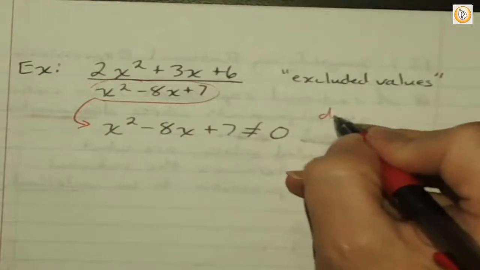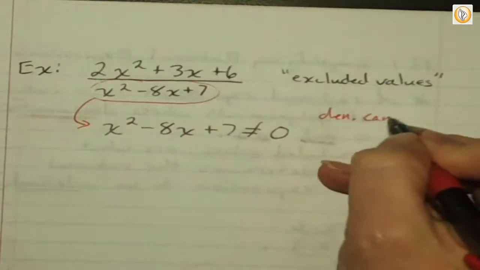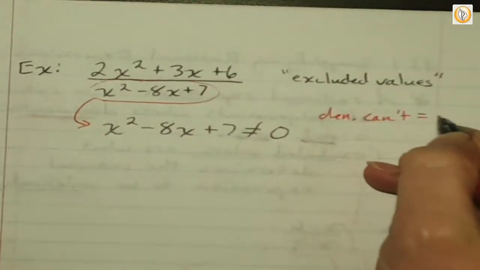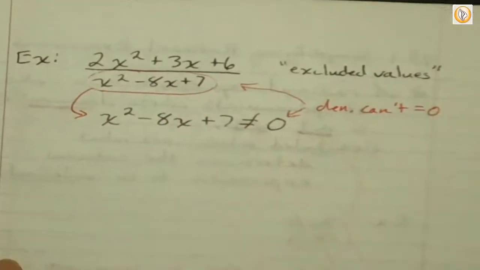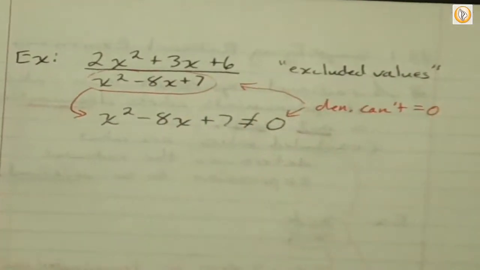Remember, denominator can't equal 0. Unlike the one we just did, where it was x minus 9 not equal to 0, this, we can't do that.